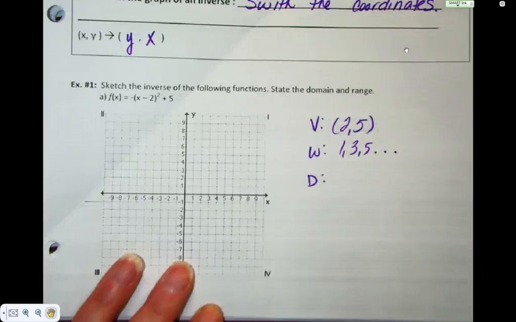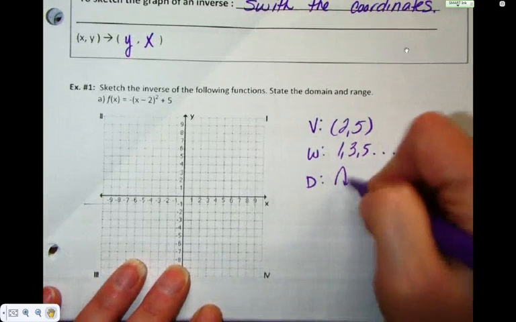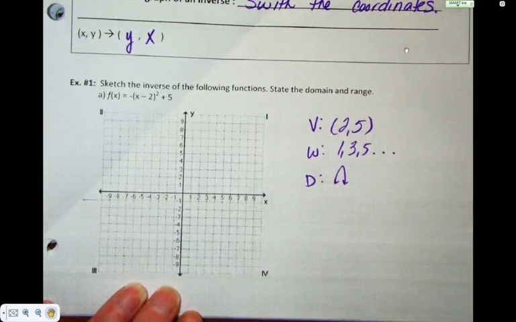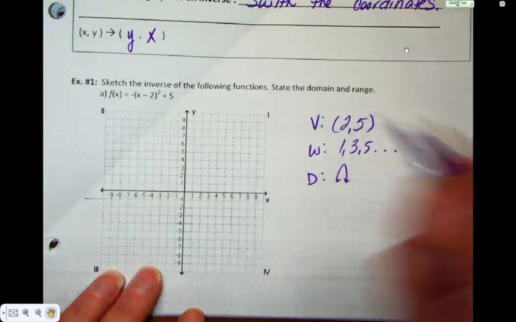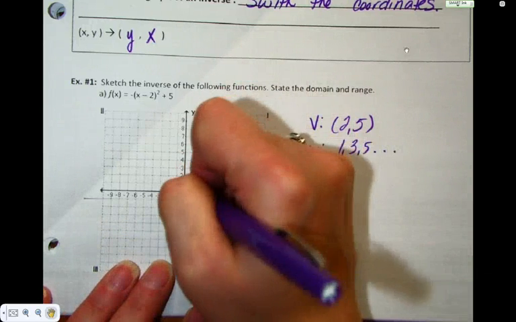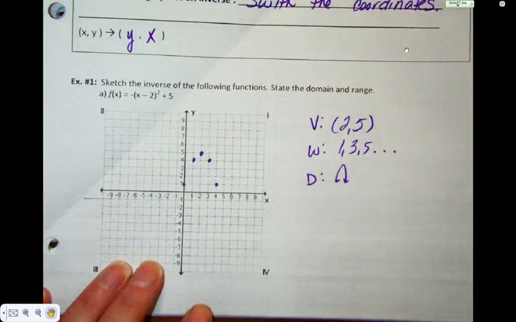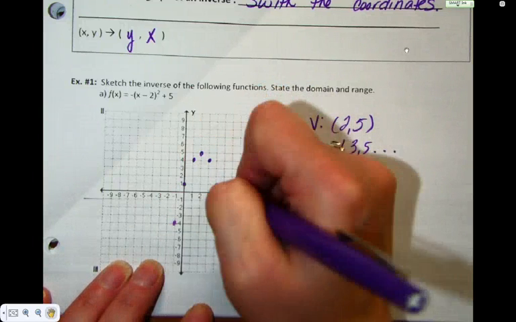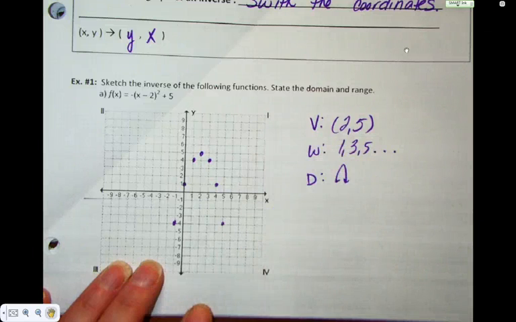Direction, down. Okay, so 2, 5, over 1, down 1, over 1, down 1, over 1, down 3, over 1, down 3, over 1, down 5, over 1, down 5.